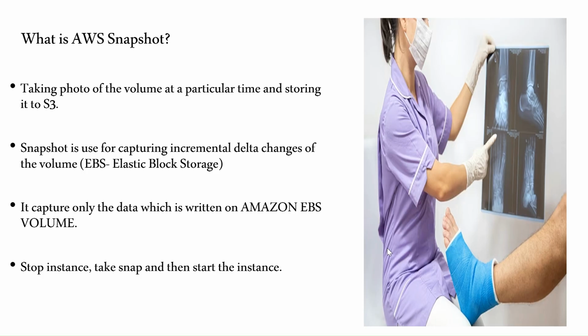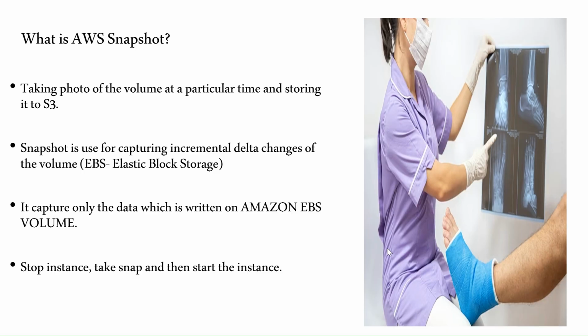Now, what is an EC2 instance? An EC2 instance is a virtual server available in Amazon AWS. In Amazon EC2, we have an attached volume known as Elastic Block Storage. This volume contains all the information of the EC2, the operating system details.